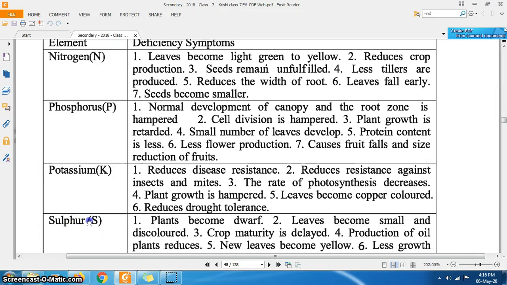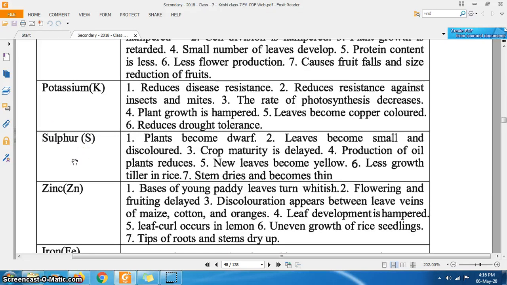Sulfur deficiency symptoms: plants become dwarf, that is short. Leaves become small and discolored.